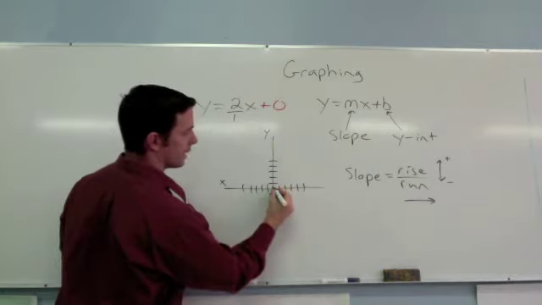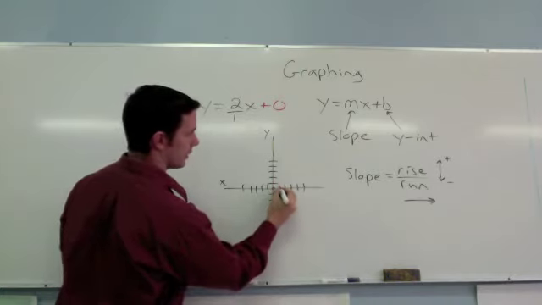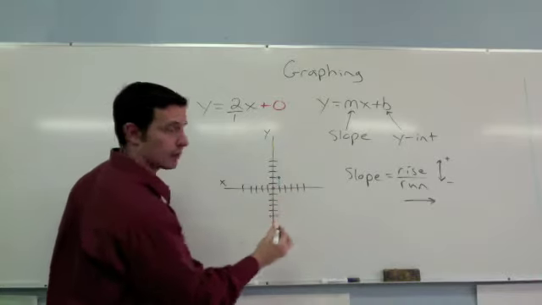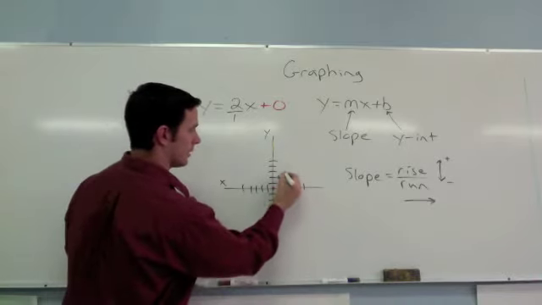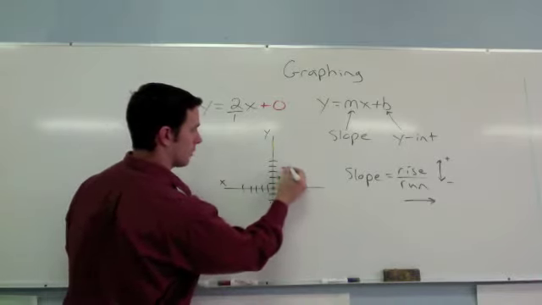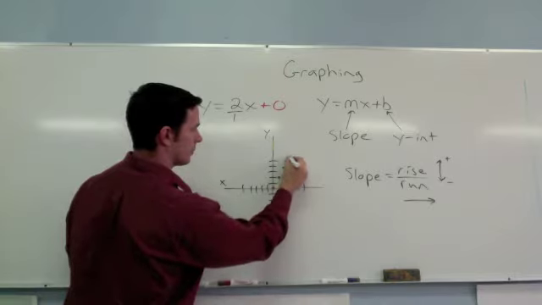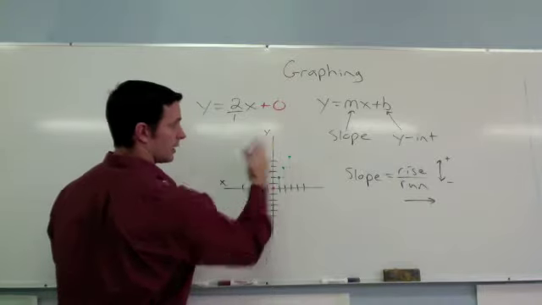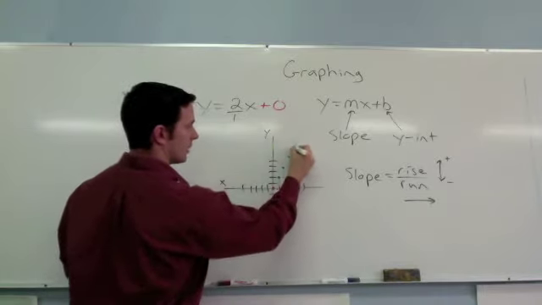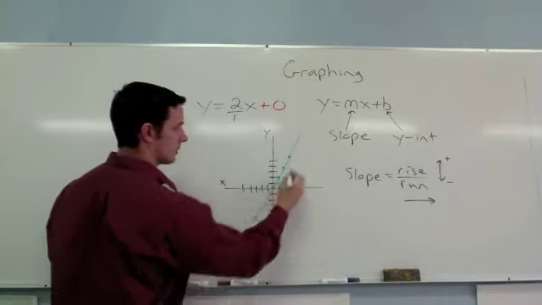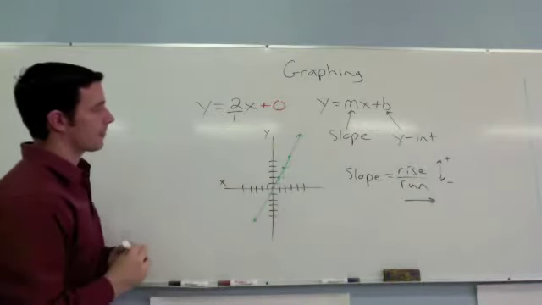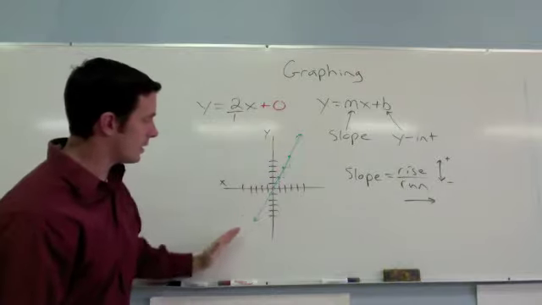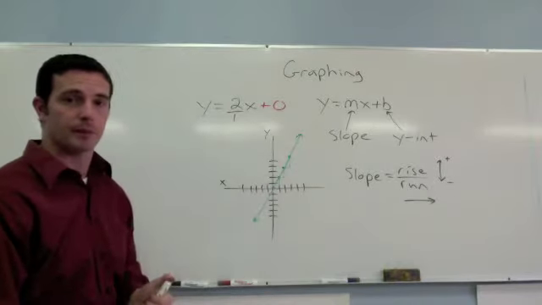Starting from the point you plotted, go over 1, up 2. If you want, you can do that several times. What you end up with are a series of points that give you a straight line. So then you simply draw the line through the points. So then the equation y = 2x simply gives you this line here on your graph.